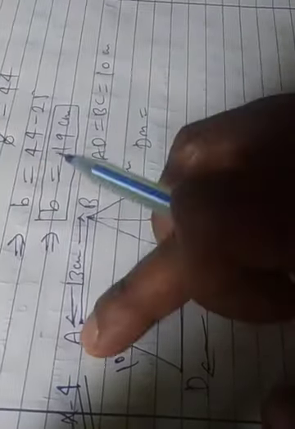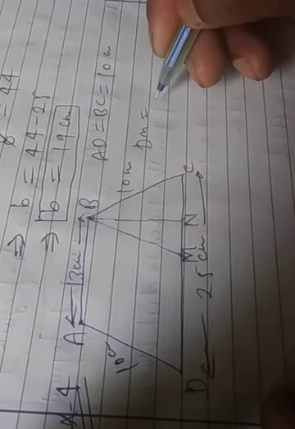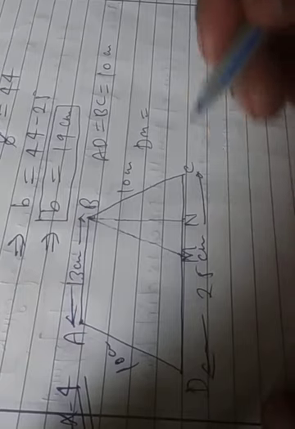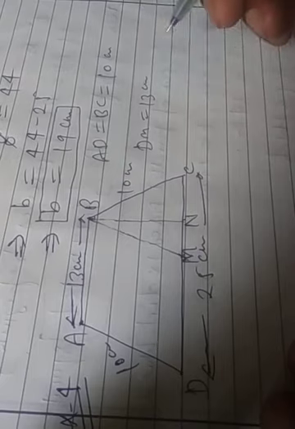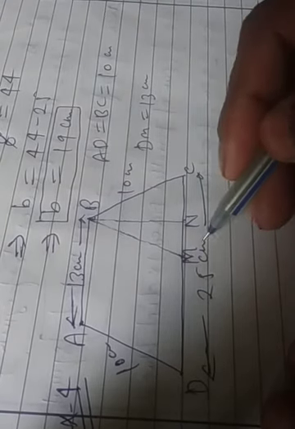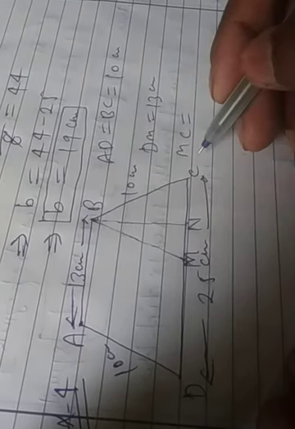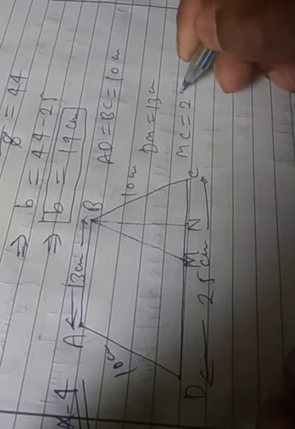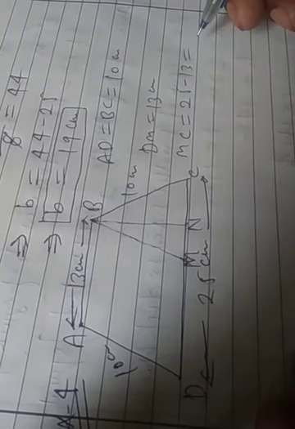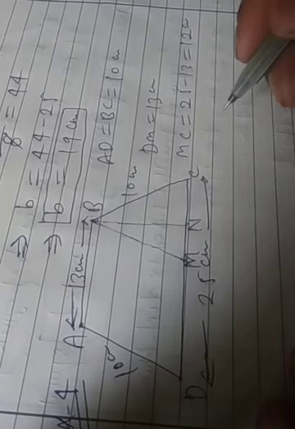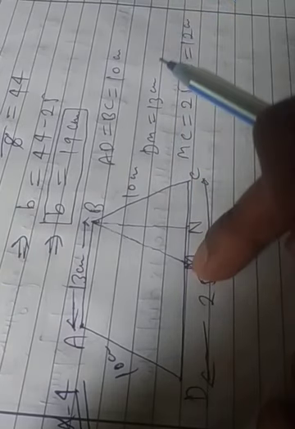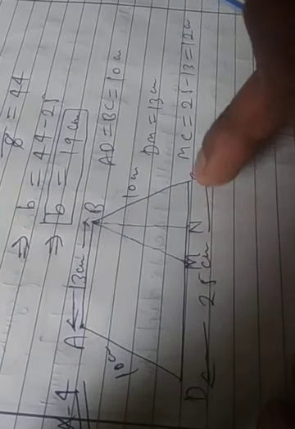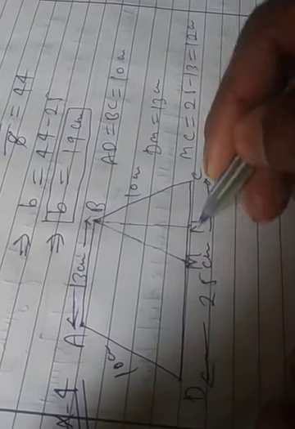Then AB is equal to DM is equal to 13 centimeter, and we can calculate MC. MC is equal to 25 minus 13, which is 12 centimeter, and BN divides MC into equal parts, MN and NC, so N is the midpoint of MC.